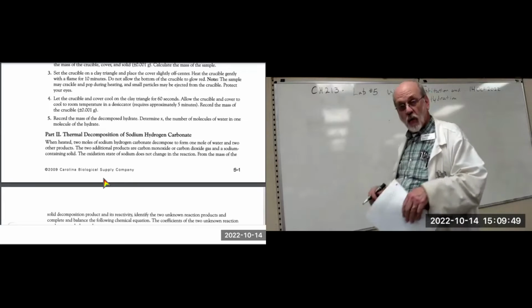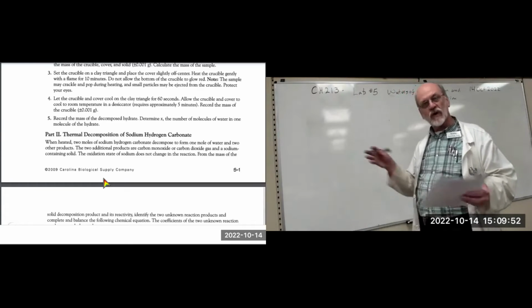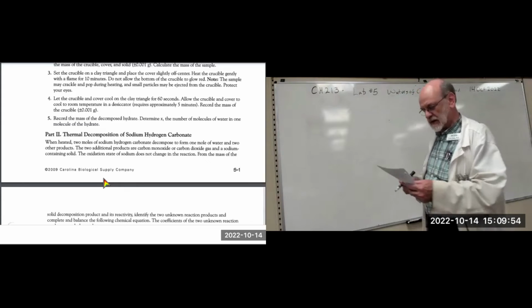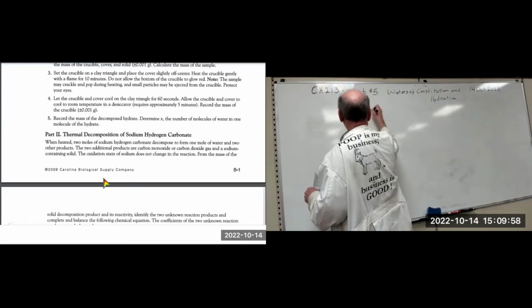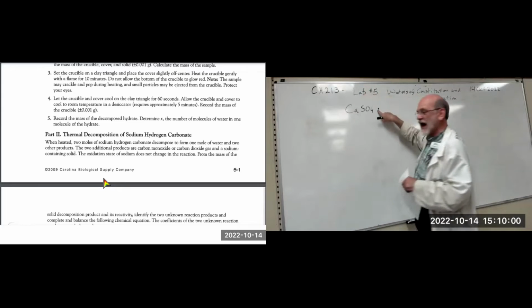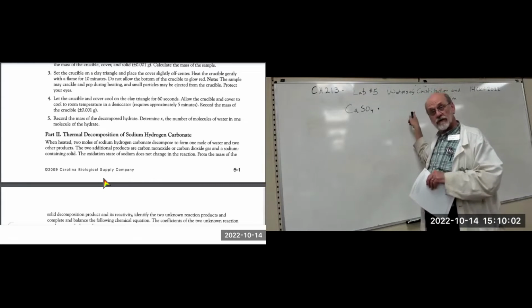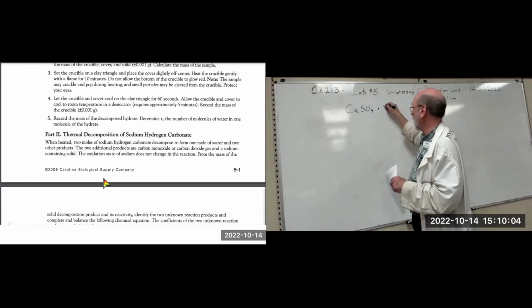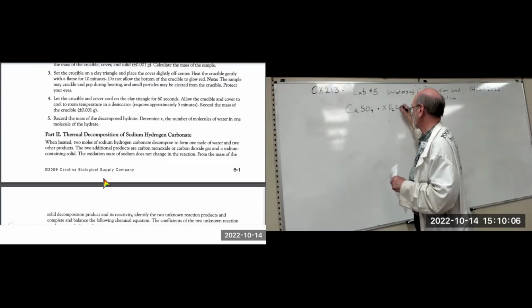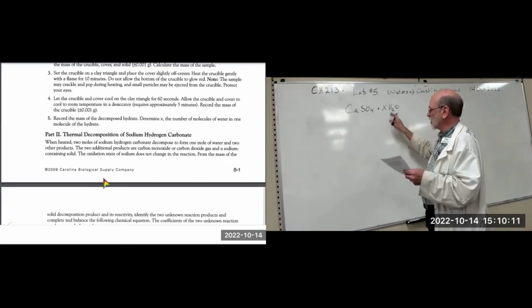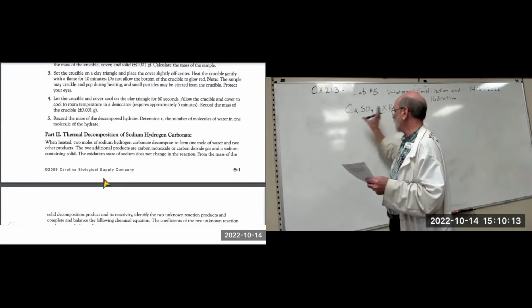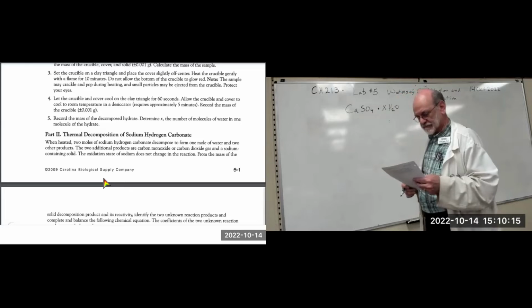And I know what the water composition of gypsum is, but we're going to calculate it anyway. So we're looking at this, calcium sulfate, and that dot means waters will follow. A certain number of waters will follow. Okay? We want to determine the X. What is the mole ratio of water to calcium sulfate?